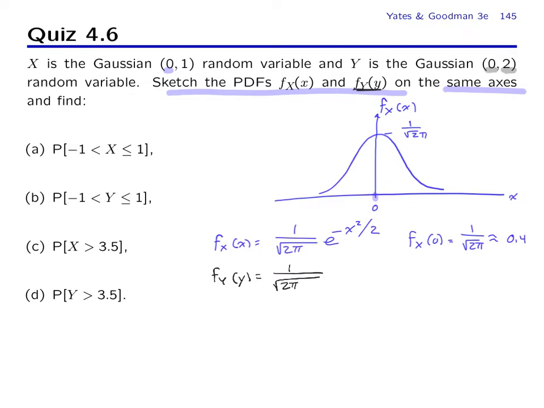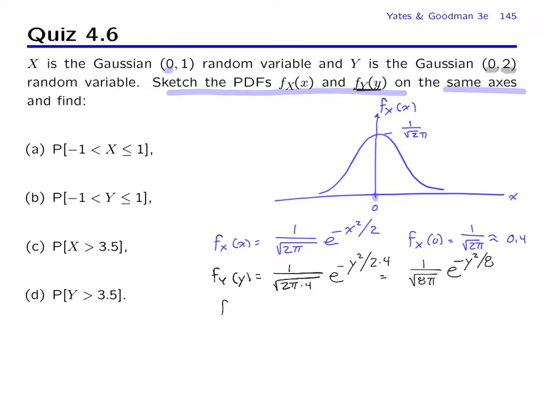And now we have sigma squared, but sigma equals 2. So it's 2 pi times 4, e to the minus y squared over 2 times 4. Put it another way, it's 1 over square root 8 pi e to the minus y squared over 8.